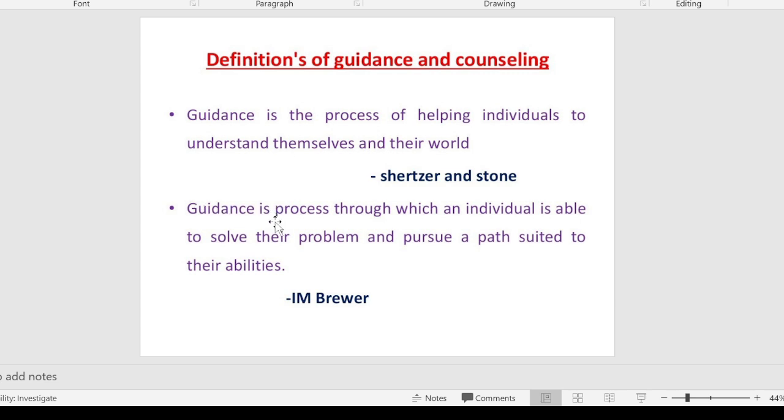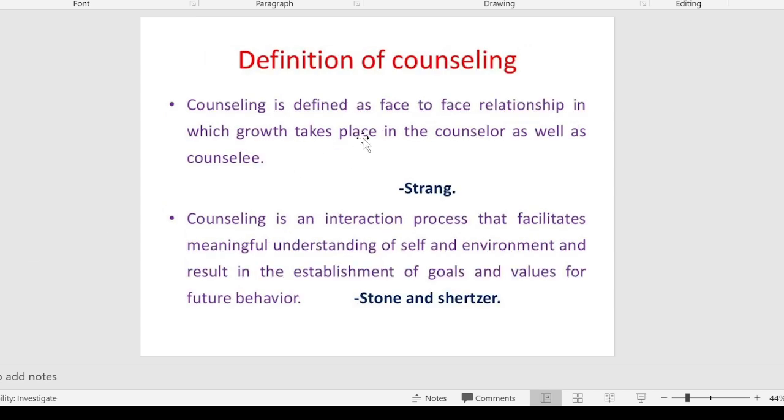Another definition is, guidance is a process through which an individual is able to solve their problems and pursue a pathway suited for their abilities. So that is about guidance.